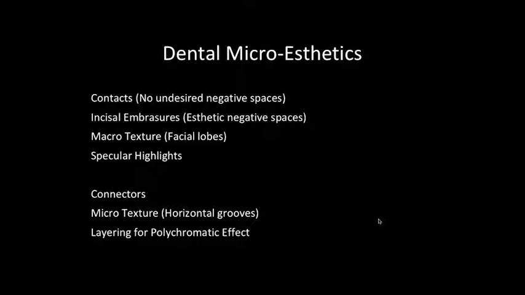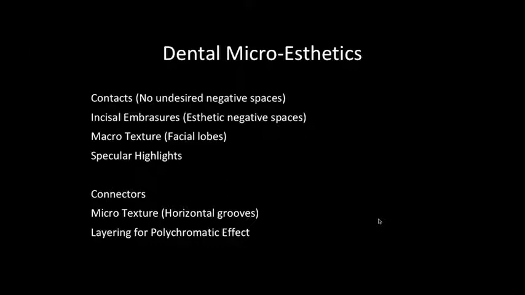With macrotexture, I'm looking at the surface undulations that highlight the facial lobes of the teeth, and then specular highlights. We'll talk a little more about what specular highlights are, but basically we're looking at the reflections off of the teeth, the little sparks of light that shine.